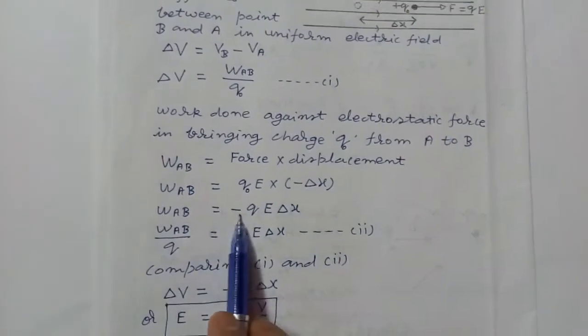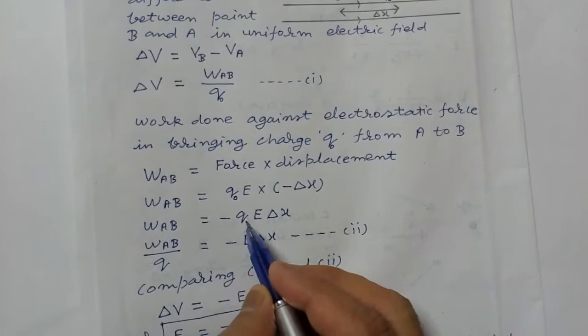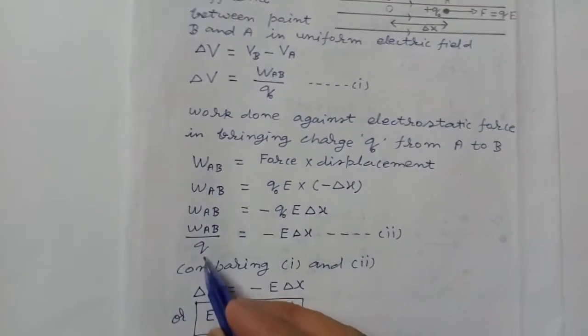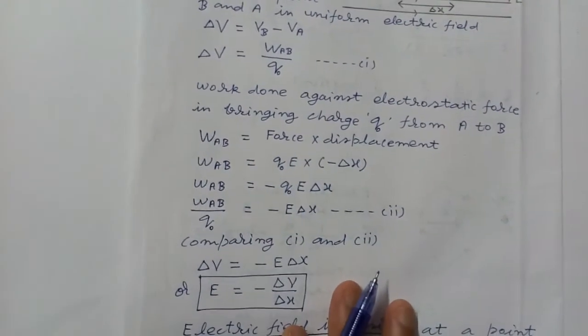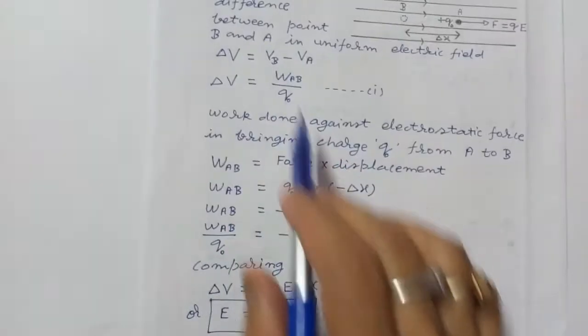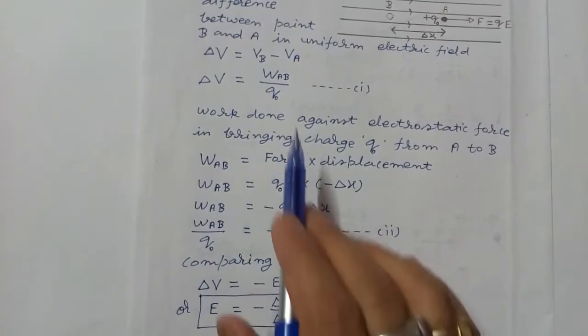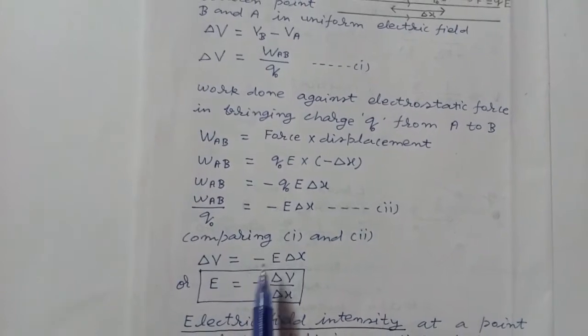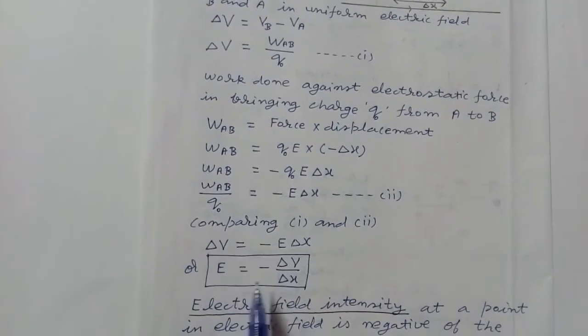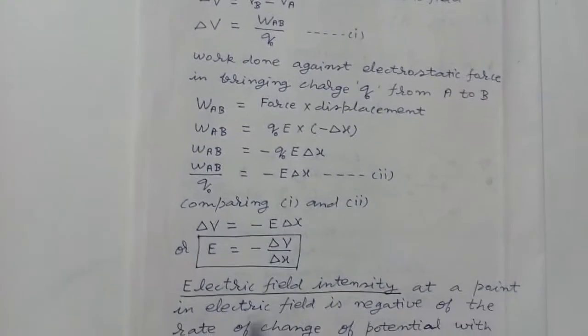Now WAB is equal to minus Q naught E into delta x. So WAB upon Q naught is equal to minus E into delta x. Now comparing first and second, delta V is equal to minus E into delta x, or E is equal to minus delta V by delta x.